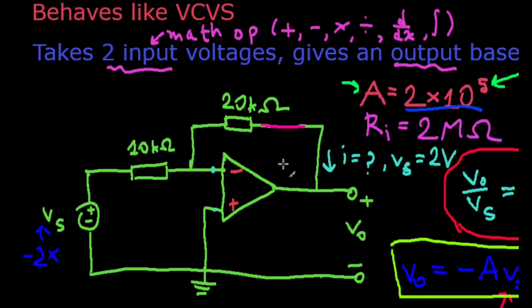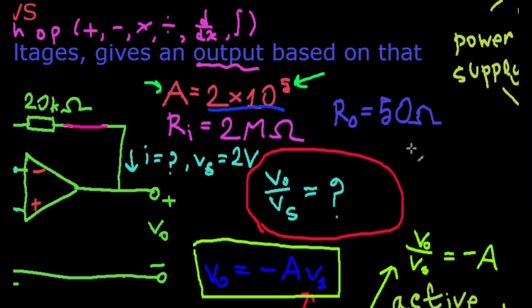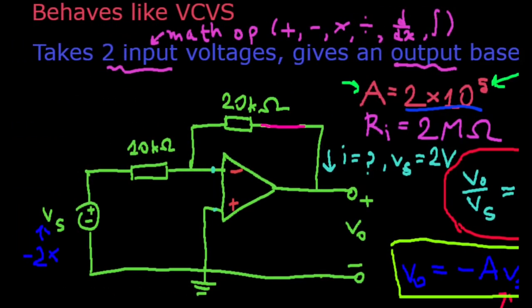Anyways, the first thing is clarifying why this is called the closed loop voltage gain. It's not a very complicated reason.